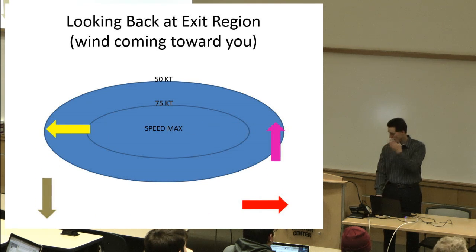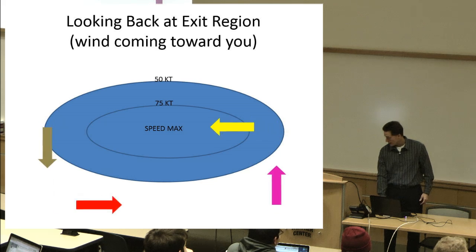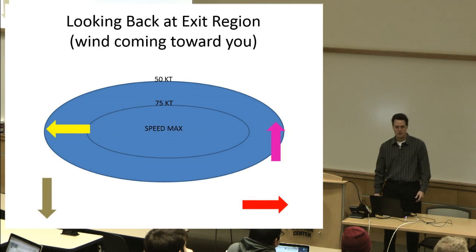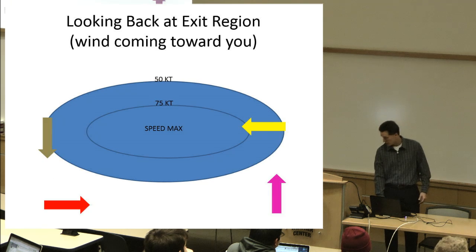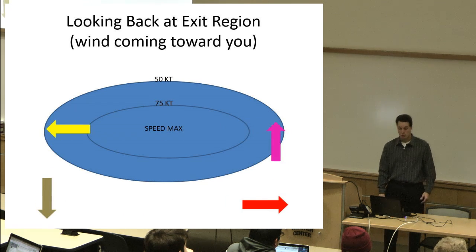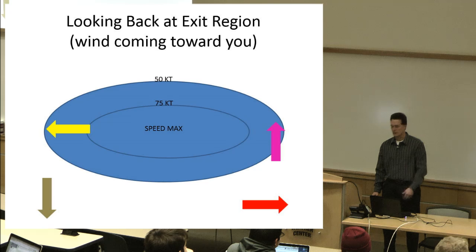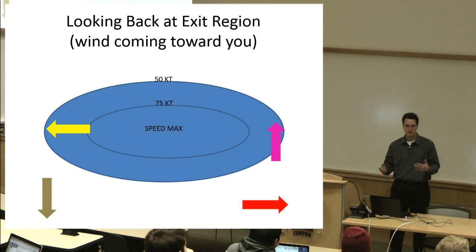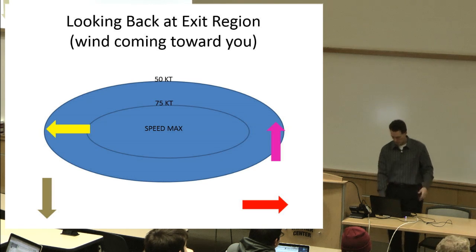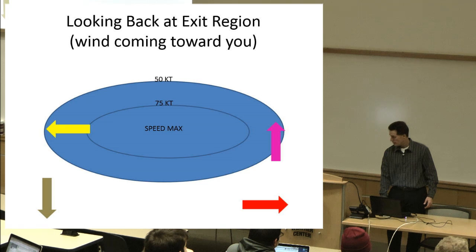So those magenta vectors, that is the ascending branch of that circulation in the left exit region of the jet. And then you have the subsiding portion of that transverse circulation in the right exit region. So again, it's 3-dimensional. The response of the atmosphere is in 3 dimensions. It's not just simply on one horizontal surface. This is a full 3-dimensional response that's going on.